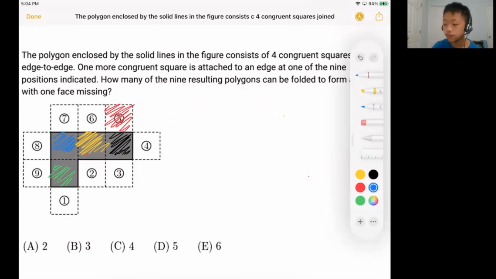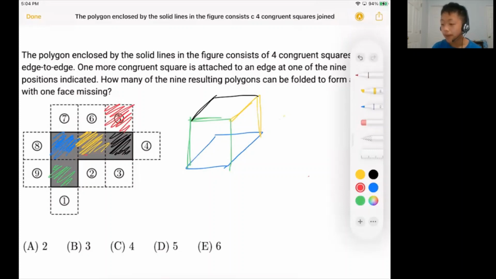again, if we treat this blue face here as the bottom face of the cube, the green face goes up, the yellow face comes over here, and the black face goes to the top. Remember, you can think of the red square and the black square as glued together by this red line.